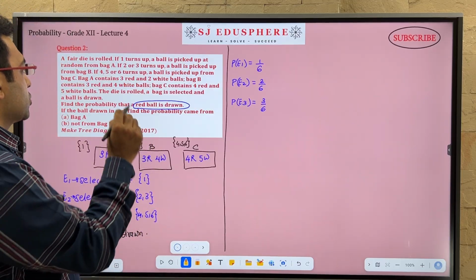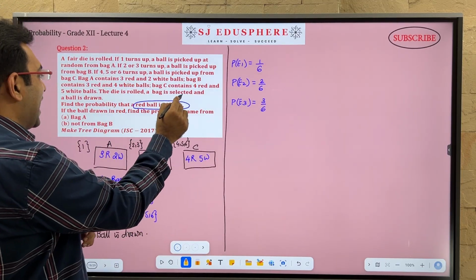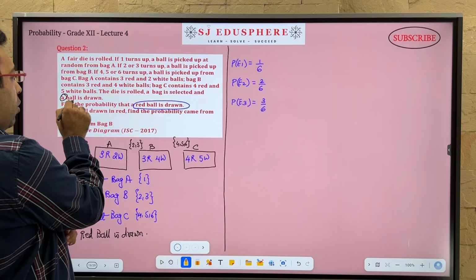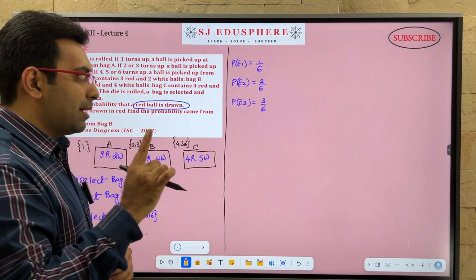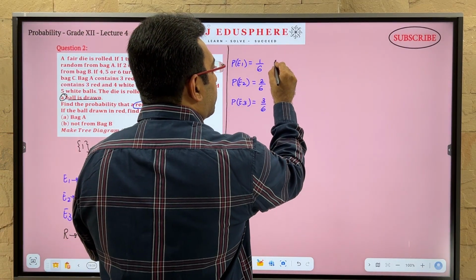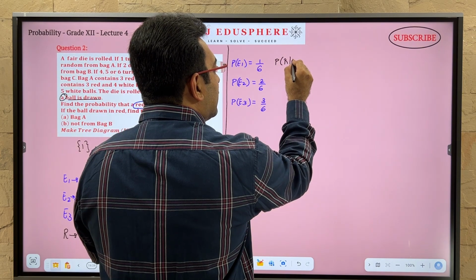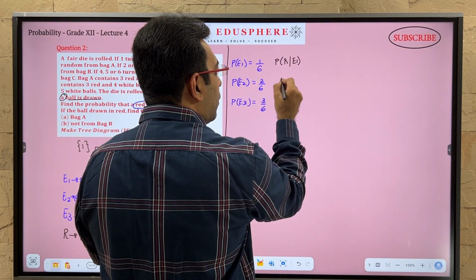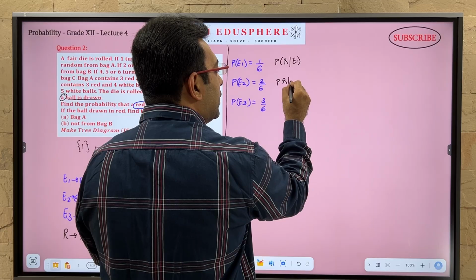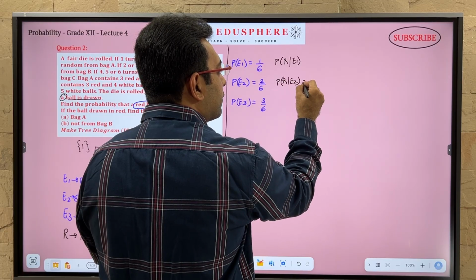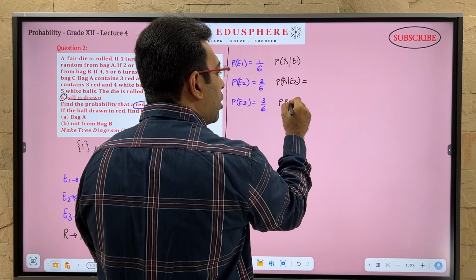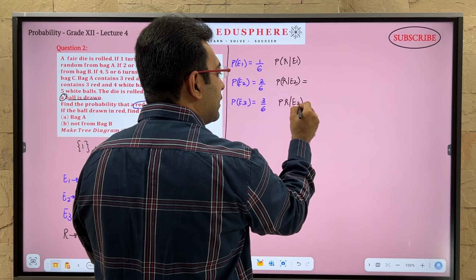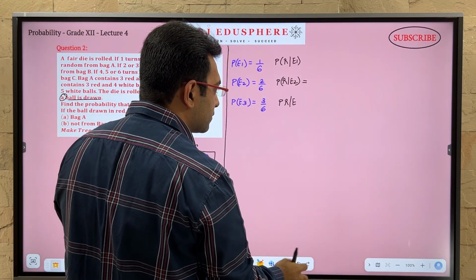Now please watch. The die is rolled, a bag is selected, and a ball is drawn. Only one selection is happening. So the probability of red given from bag 1, the probability of red given from bag 2, the probability of red given from bag 3.